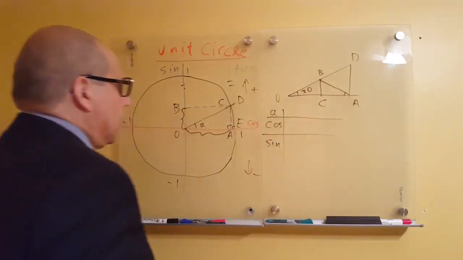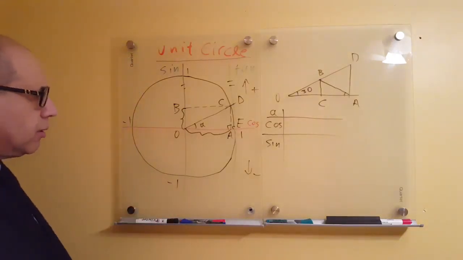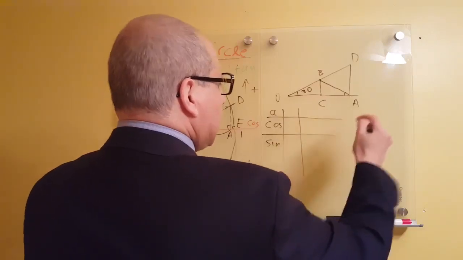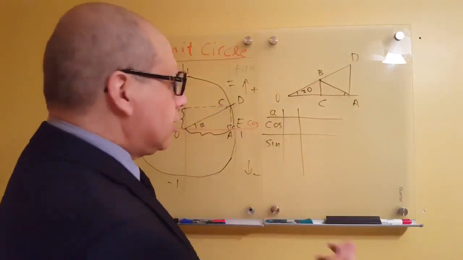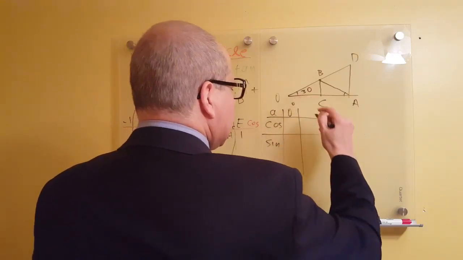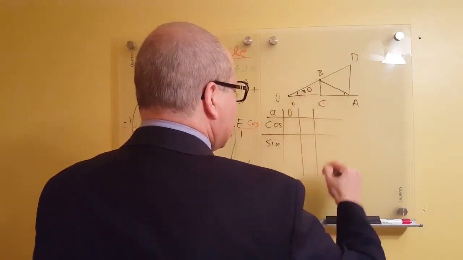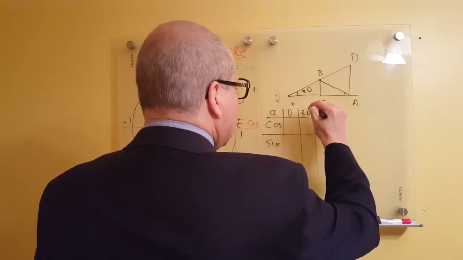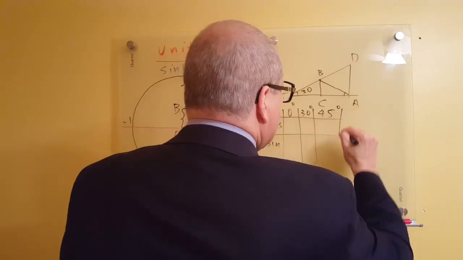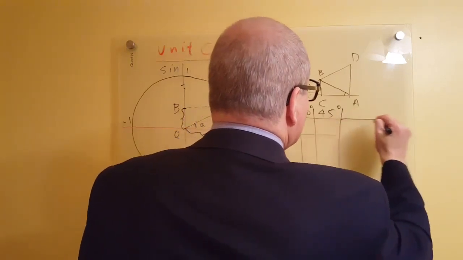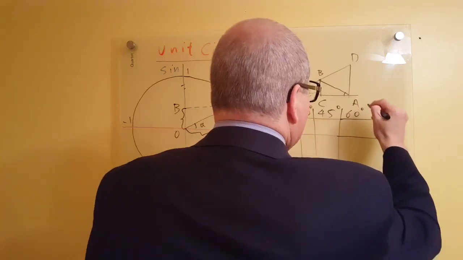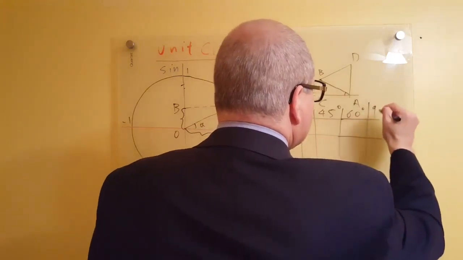The most important angles can be in radians or in degrees. Let's put them in degrees. So you have 0 degrees, then 30 degrees, then 45 degrees, then 60, and finally the 90.